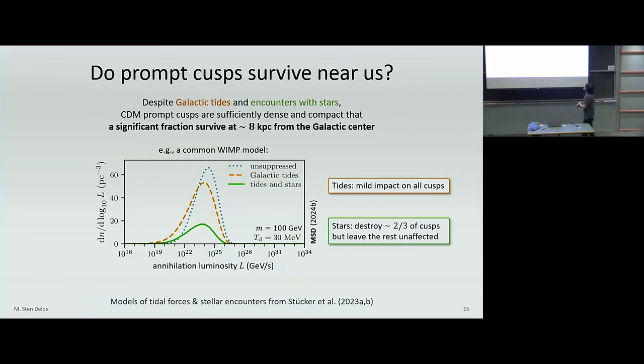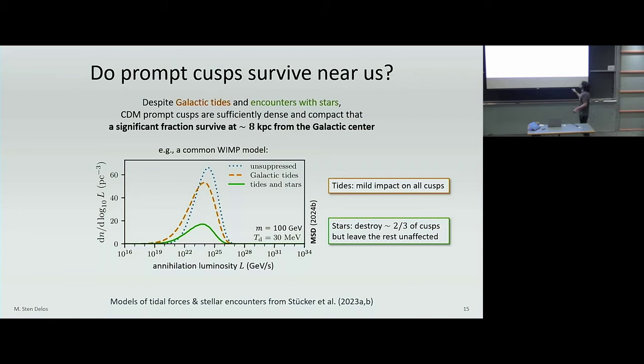So it turns out that yes, actually a significant fraction of the prompt cusps can survive at our own position within the galaxy. And so here's an estimate for some random model. I'm showing the distribution of prompt cusps. This is actually the distribution in annihilation luminosity, but it should be similar for other properties. The dotted line here is the distribution if you don't account for subhalo evolution.